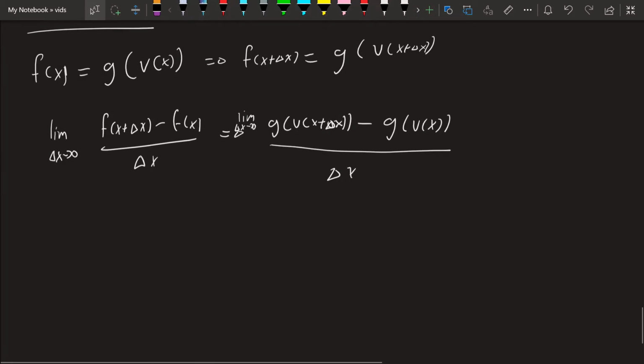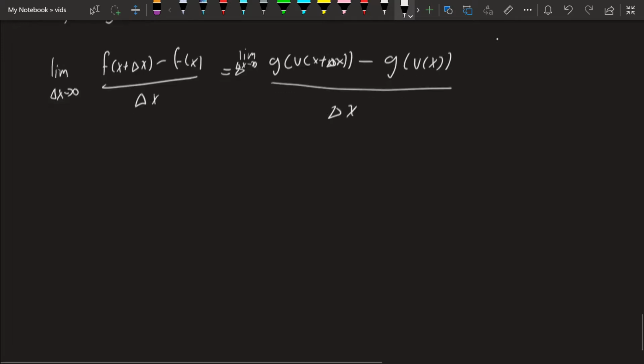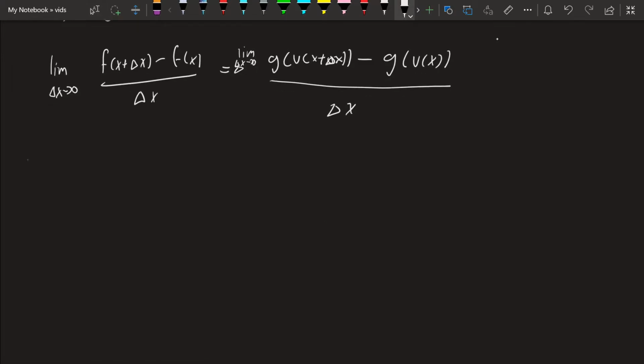So here I'm going to do another manipulation. This is how you solve derivative questions. You just do manipulation after manipulation after manipulation until you get an answer. Now some mathematician said, what if, so let me just rewrite this, delta x minus g of v of x all over delta x.